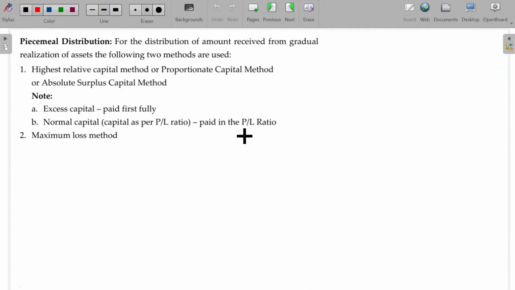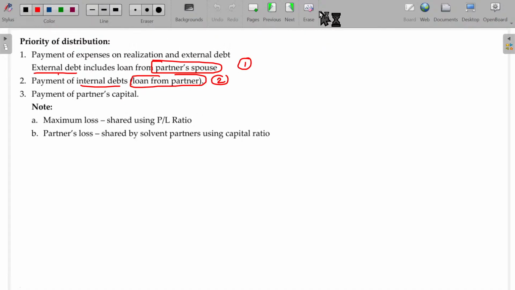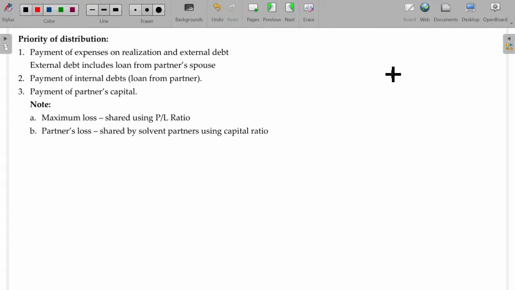Now, assets are sold one after one, and the amount will be used: first realization, second realization, third realization, and so on. You will get the money in n number of realizations.